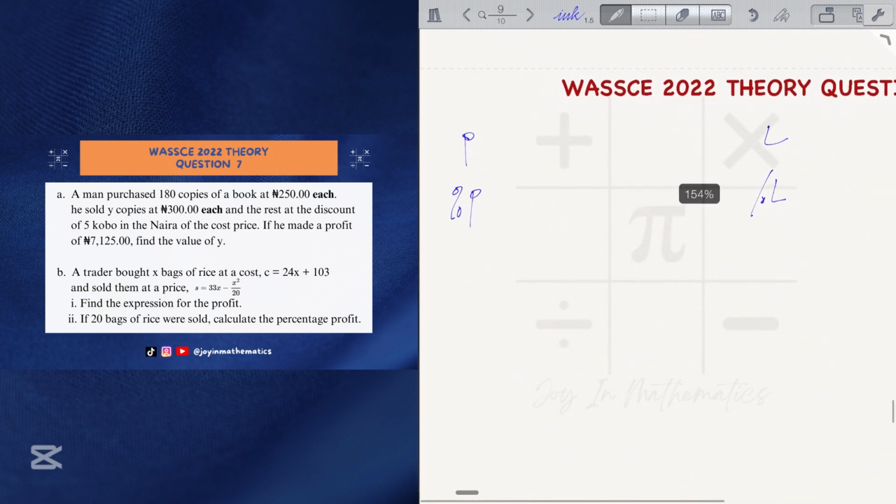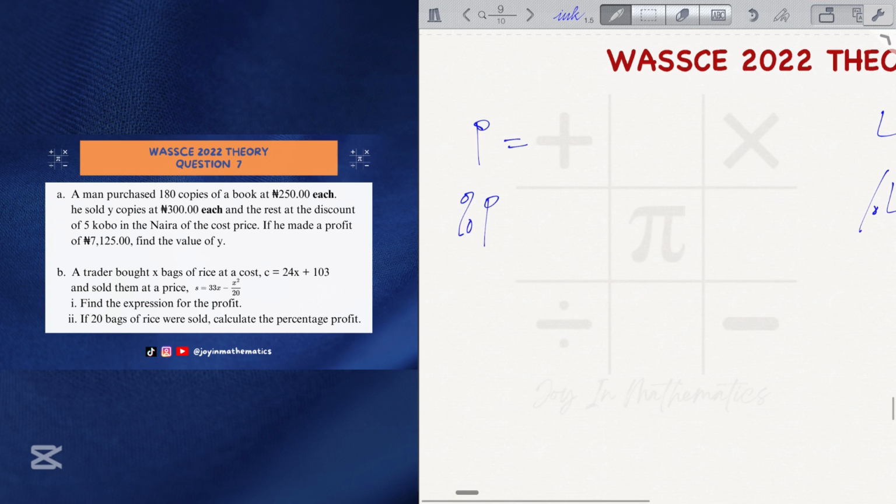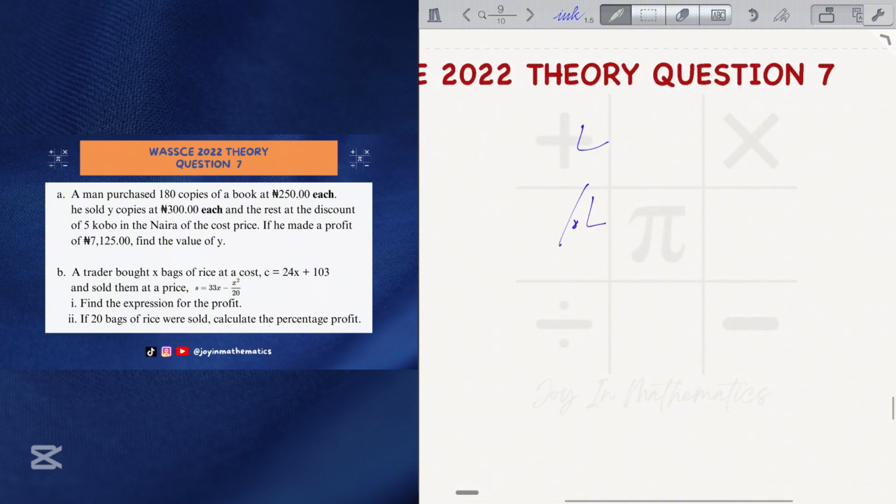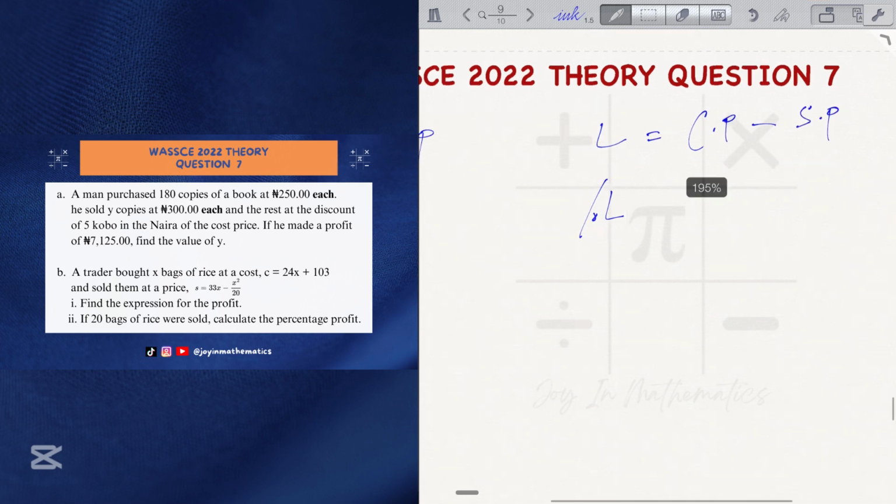Now, profit occurs when the selling price is greater than the cost price. So we have profit equal to selling price minus cost price, and loss occurs when the cost price is greater than the selling price, so cost price minus selling price.